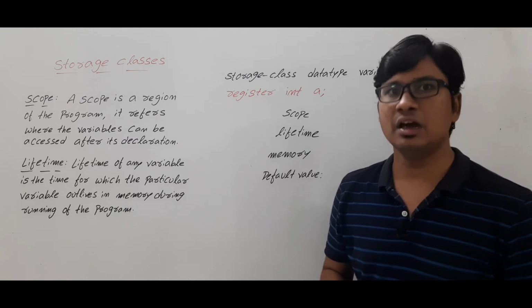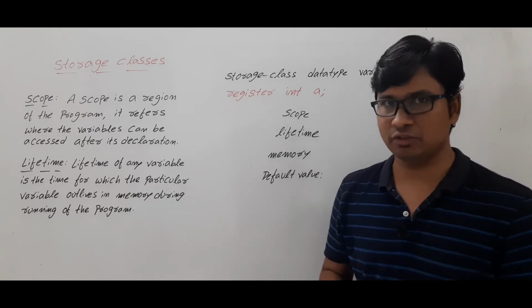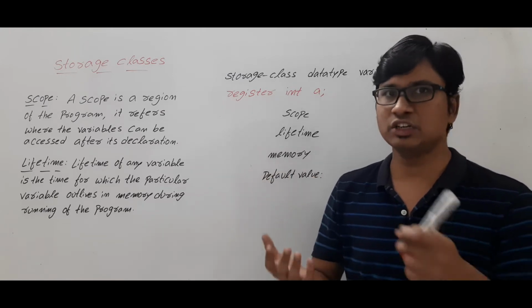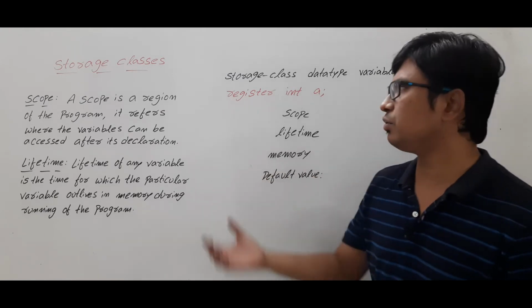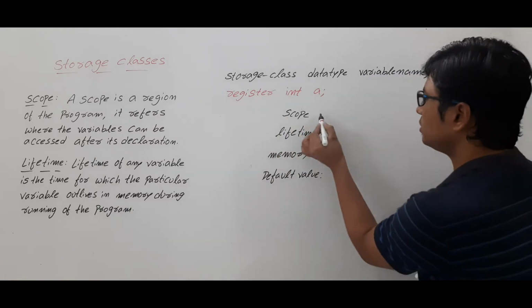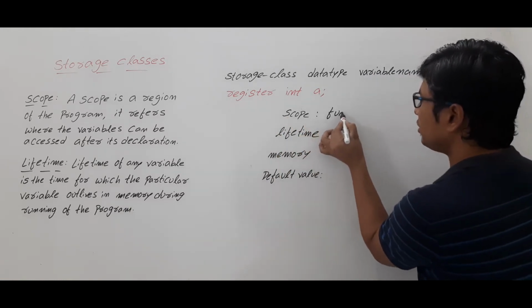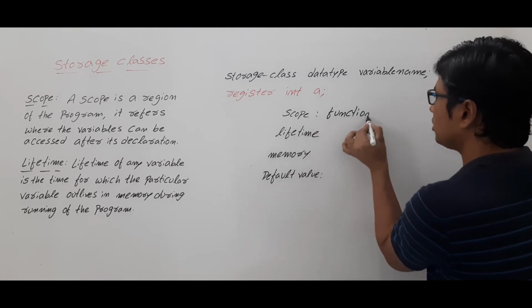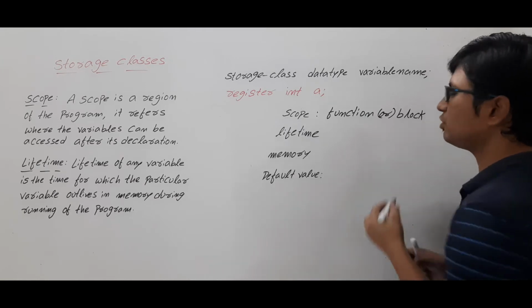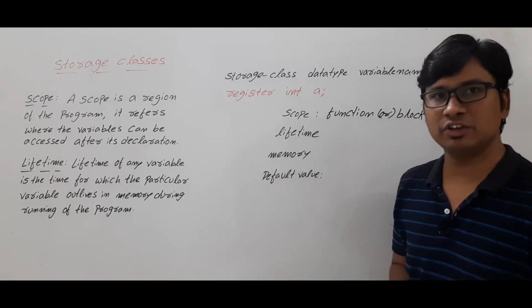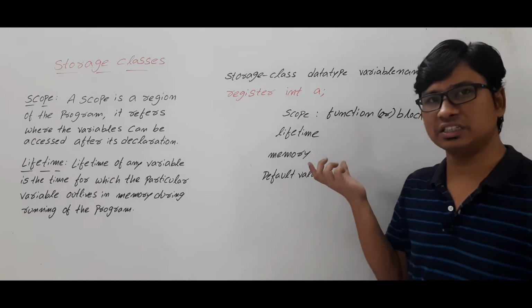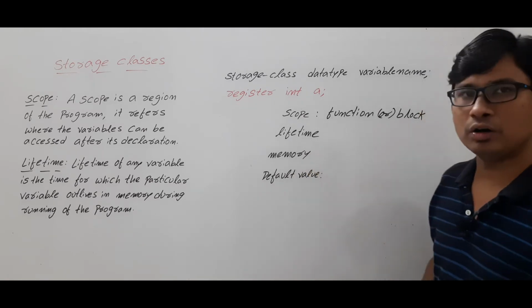For an automatic variable and a static variable, you can access them only within the function or block, as we have already discussed. Now, coming to the register variable, its scope is also within the function or block only. Is it clear? So if you declare a register variable inside a function, you can access it only within the function or within the block.